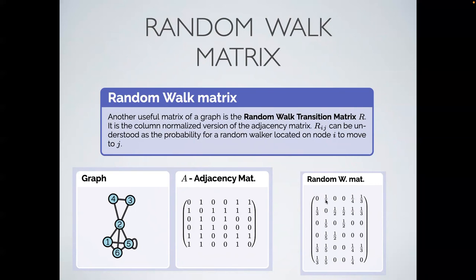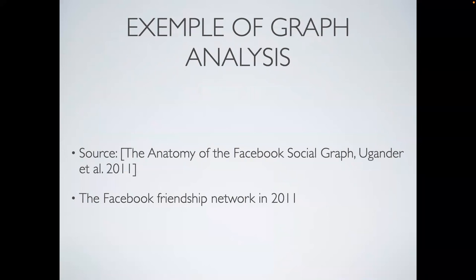Basically, it just consists in dividing the fact that you have an edge or not by the degrees of the nodes to get the probability to reach that node in a random walk. We will go into more detail on it when we talk about, for instance, the PageRank algorithm in the next class.